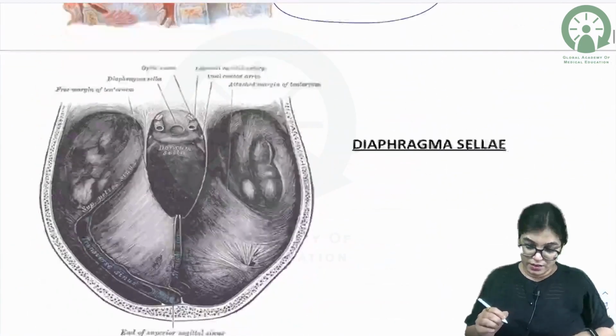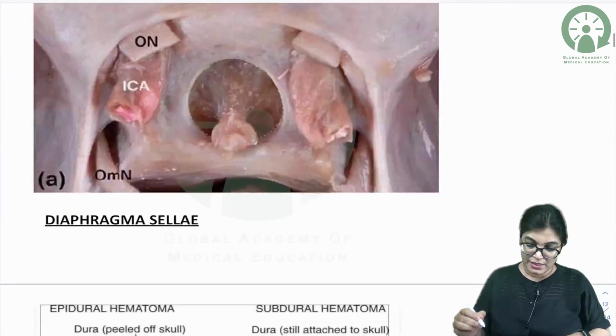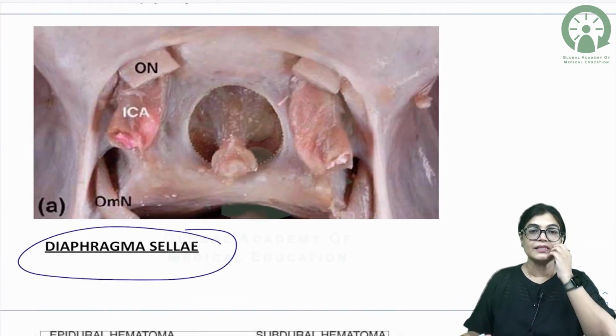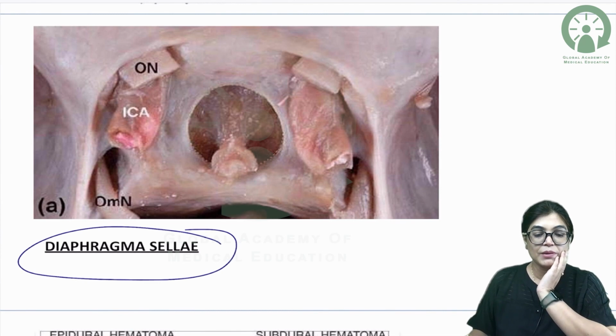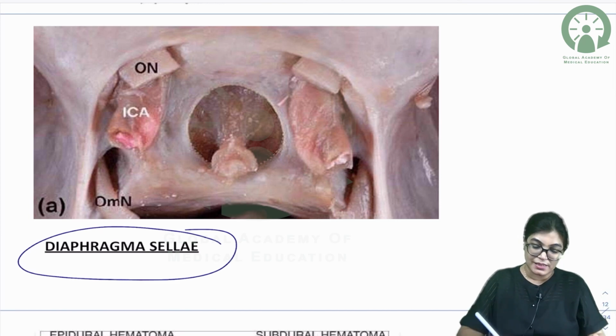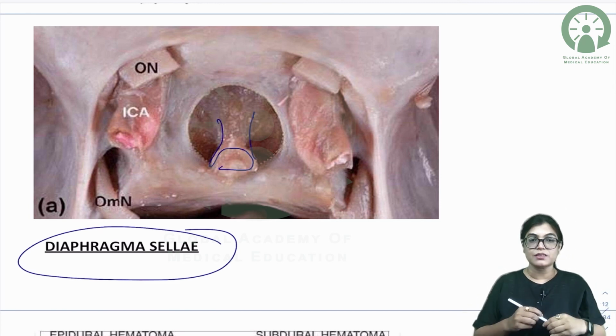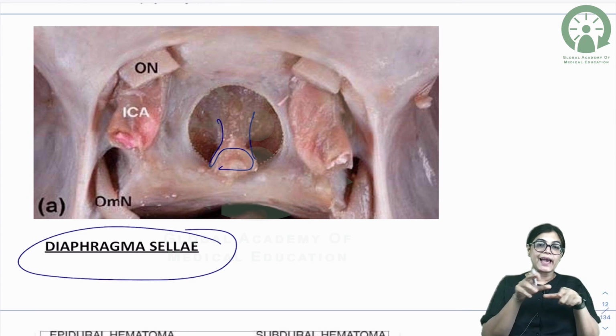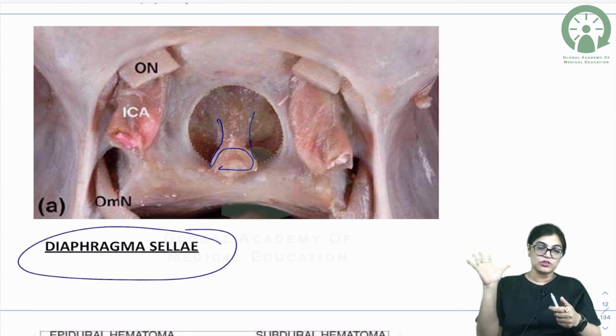Now, if I talk about the diaphragma sellae, see this diagram. This is the diaphragma sellae. It is also called the tentorium hypophysae, and it is located in the sella turcica. Through it passes the stalk of the pituitary gland. You can see it has a gap, and in this gap the stalk of the pituitary gland is passing.